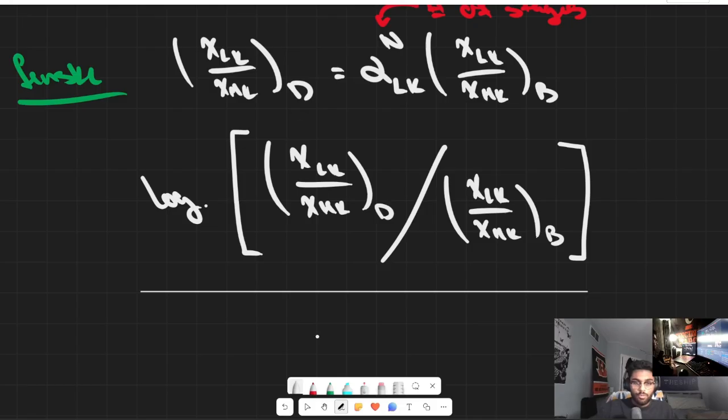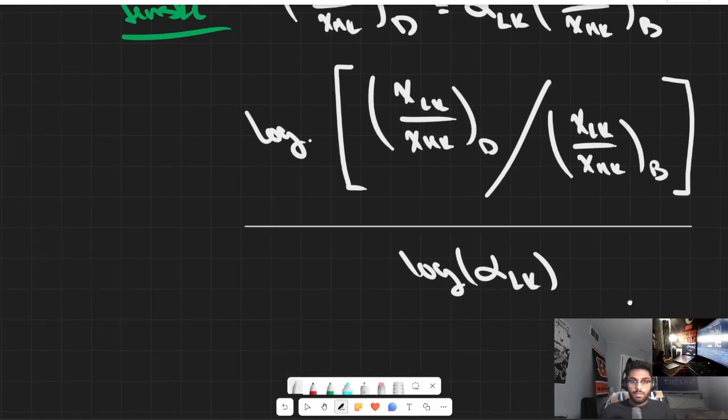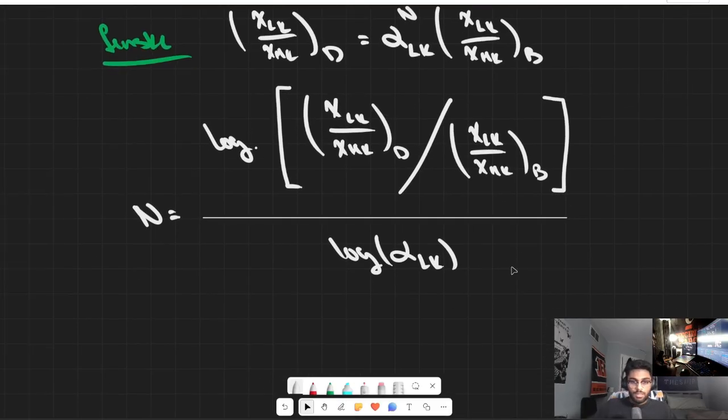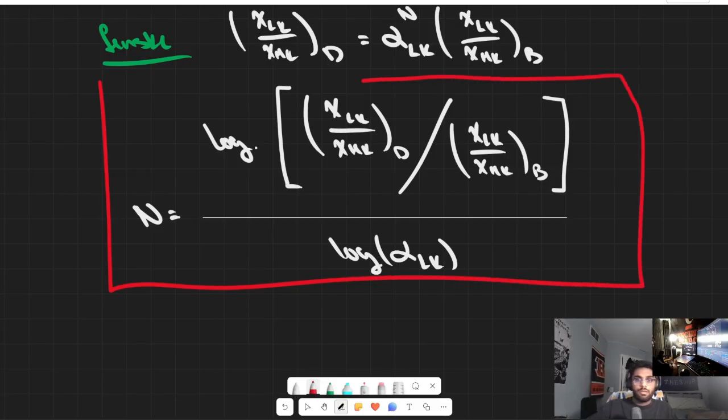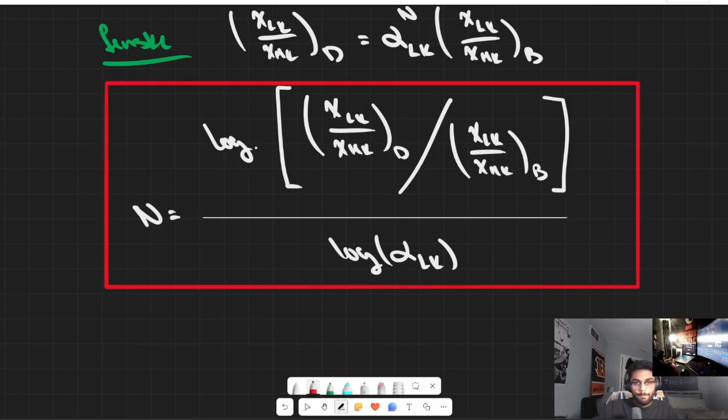And then this is over log alpha of the light key. And this is how you would isolate your number of stages. So this equation here is the Fenske equation for the minimum number of stages in a distillation column.